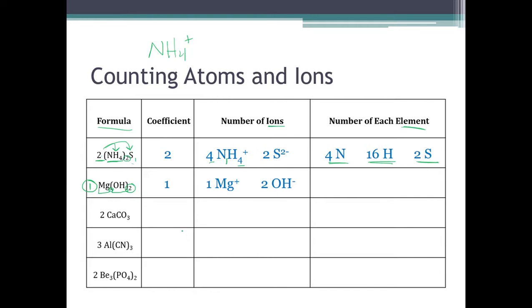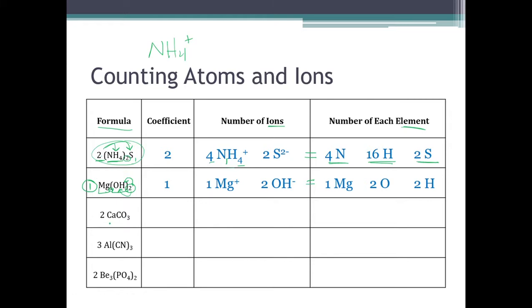If we wanted to break this down by element, we have 1 magnesium, and this 2 distributes in 2 oxygens and 2 hydrogens. Again, these mean the exact same thing. The atoms you see in this box should be the same as the atoms you see in this box, should be the atoms you see in this box, because they're all the exact same thing.